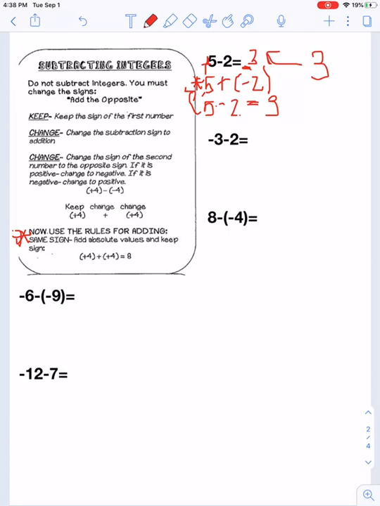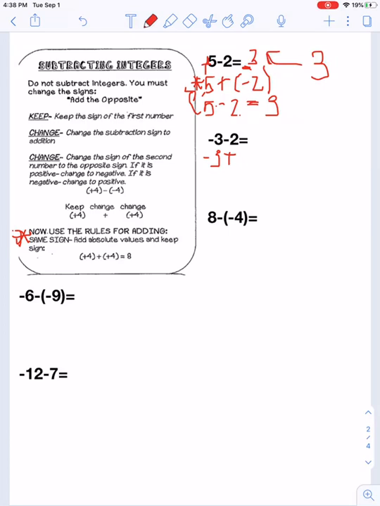Let's try it again. Negative 3 minus 2. Well, this is a negative 3. So we keep that the same. Negative 3. We change subtraction to addition, and then that's negative 3 minus 2. Okay? So I said it out loud.